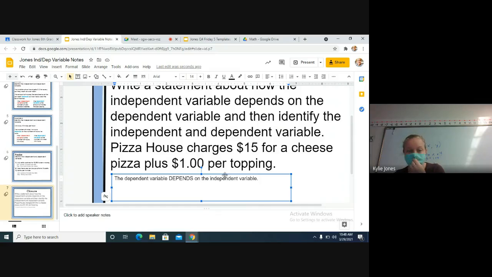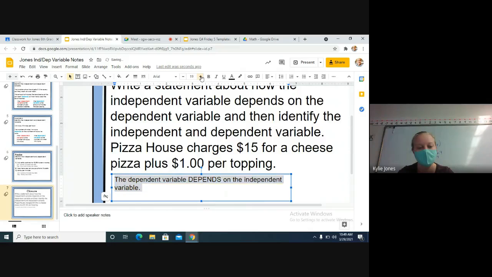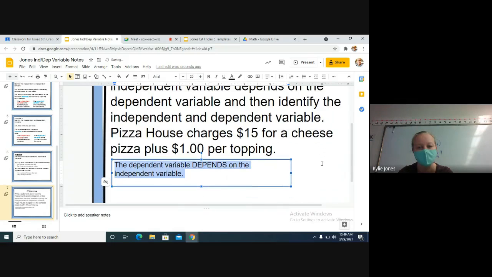Is it for that one? We also need to do the pizza house one down below. Is this big enough? Can I leave it this, or do I need to make it a little bit bigger? Make it bigger too. There we go. And I'll move it down a little bit.